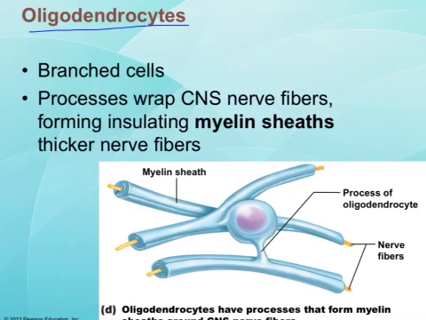That one cell has three different branches: one to this one, the other to that one, and the last one is covered and blocked by the cell body here. So you see a cell branch go out and wrap up those axons, the yellow thing here. The yellow thing is the axon of the neuron, and it's wrapped up by the oligodendrocyte.